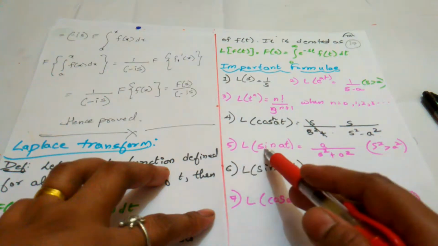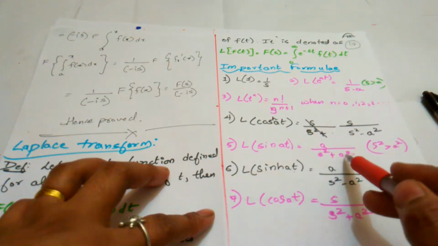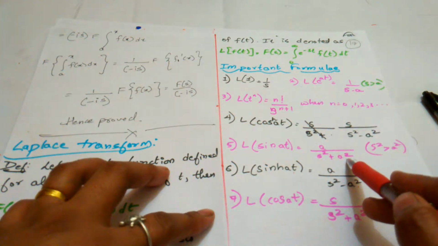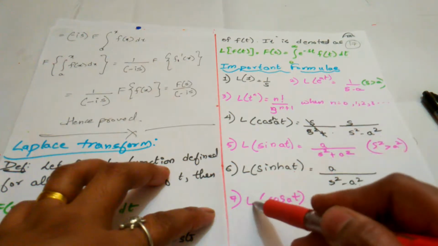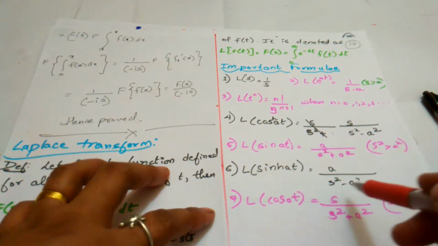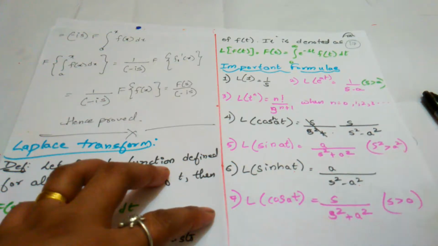Similarly, L of sin at is equal to a divided by s square plus a square, and L of cos at is equal to s upon s square plus a square, where s is greater than 0.